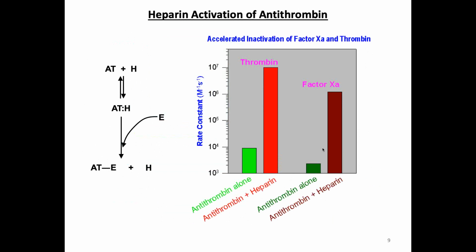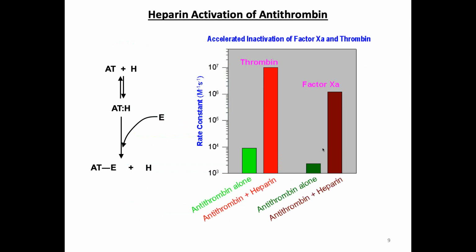Factor 9A is not shown here. But basically what antithrombin does is it reacts with the enzyme and generates an antithrombin-enzyme complex and covalently inhibits the enzyme, so that now the enzyme is not able to do its normal function, which is the clot formation function.